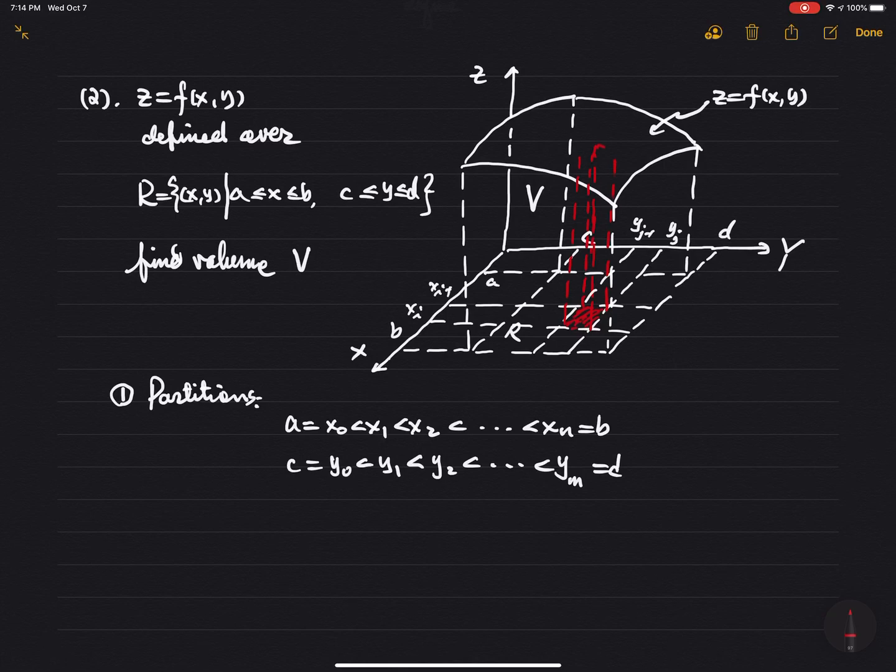So here we have this patch, something like that.